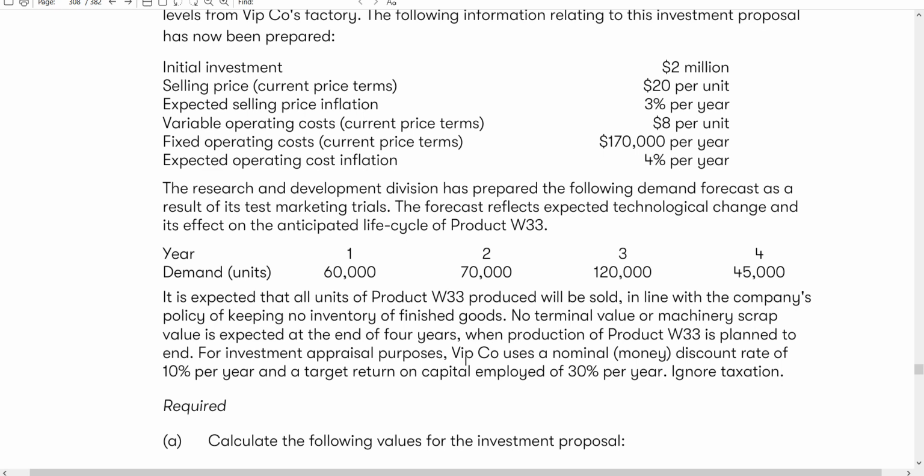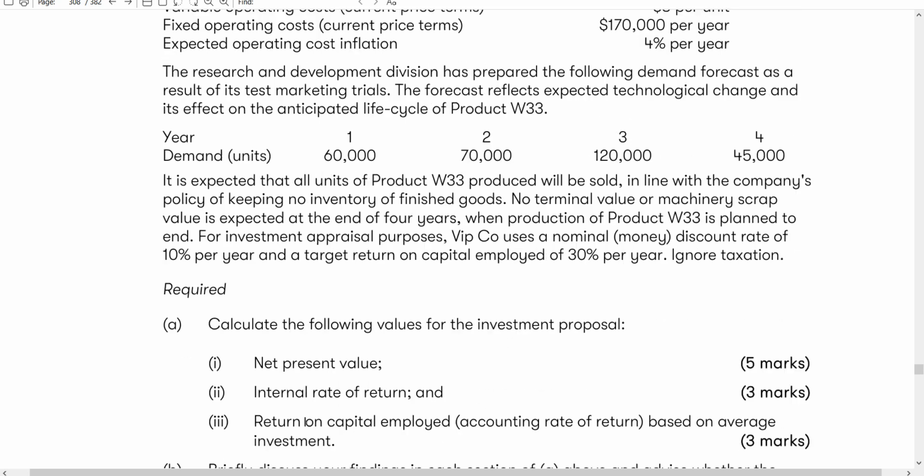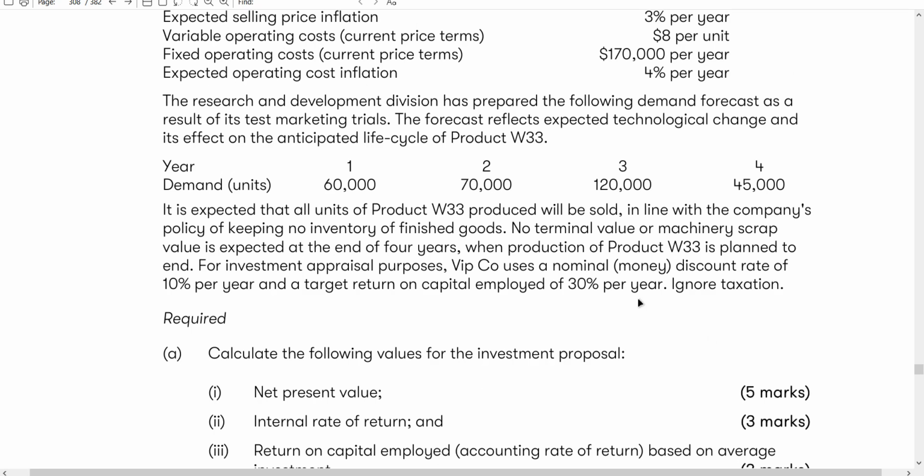For investment appraisal, VIP company uses a nominal or money discount rate of 10% per year. Okay, target return on capital input is for this question. Taxation should be ignored. There is no tax given, so okay, fairly straightforward question.